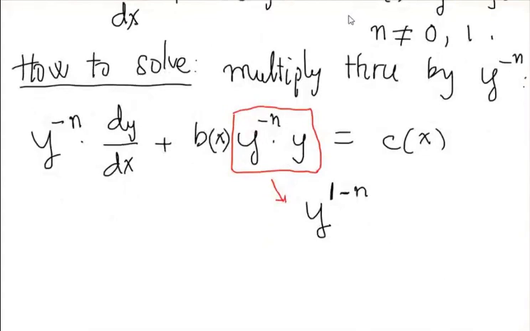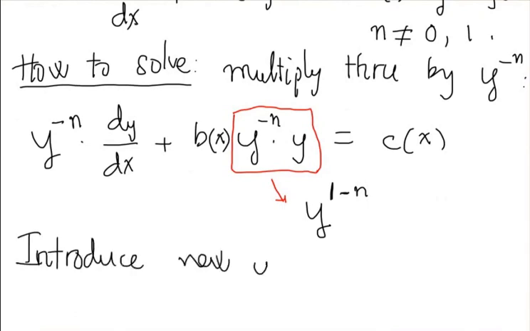And the next step is to use a substitution, in the sense that instead of the original unknown y, we're going to introduce a new unknown denoted by v here.